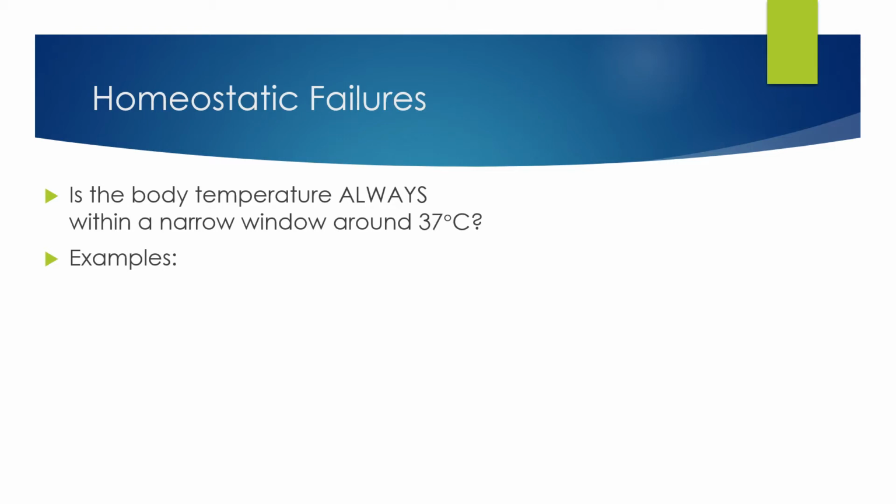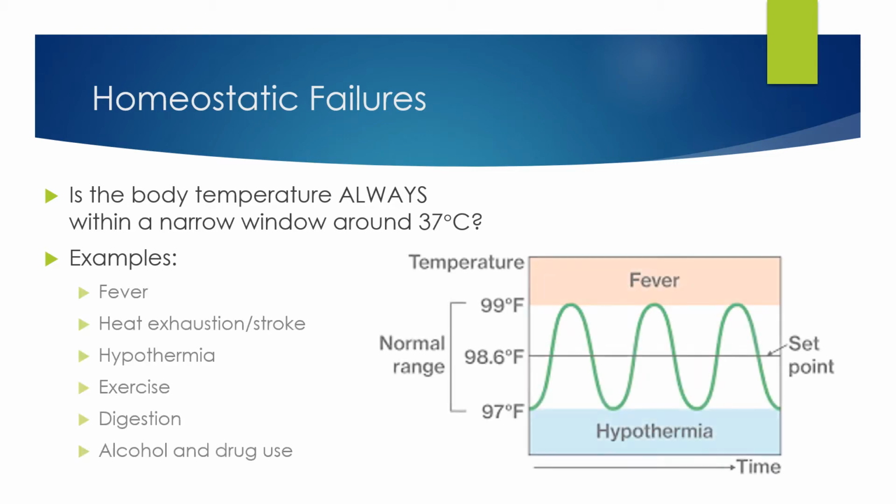So when we talk about temperature and homeostatic failures, why might the body not be at 37 degrees Celsius or 98.6 degrees Fahrenheit? Well, maybe we have a fever. Maybe we've been out in that 112 degree heat for too long and our body temperature has increased and we can't sweat enough to cool down.